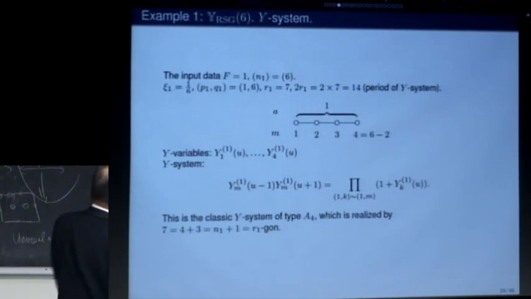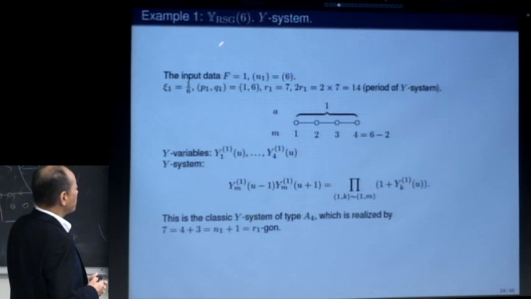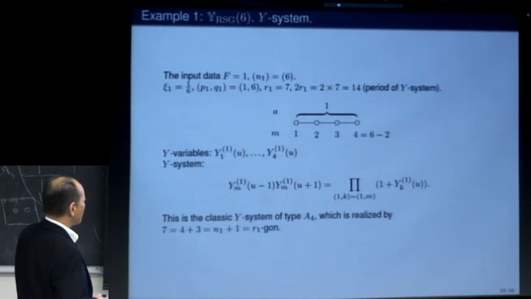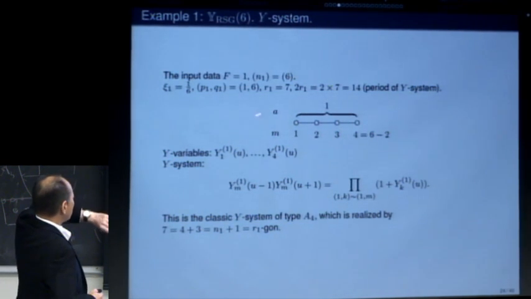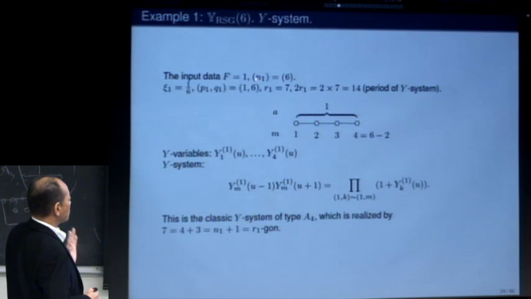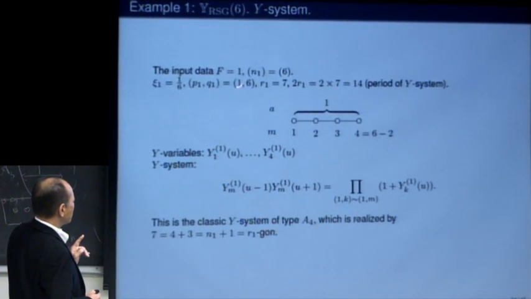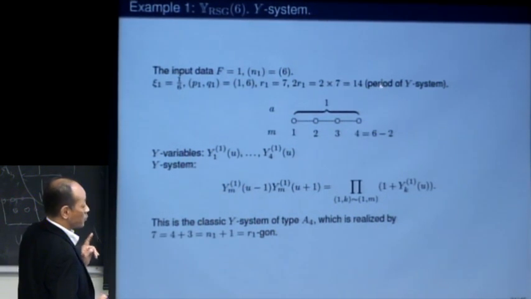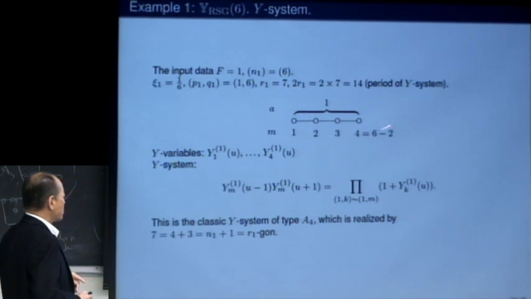Now let's prove the periodicity of the Y system using this method. The first one is a classic case, but nevertheless I will explain it. Consider a sequence of numbers, just one length n1 is 6, and this is the data, and the summation gives you 7. So 14 is the expected period of the Y system. How do we get it? This is a linking diagram.